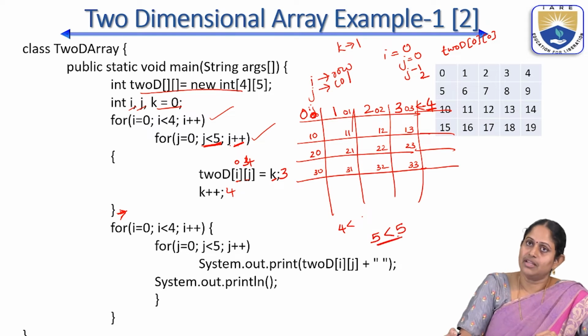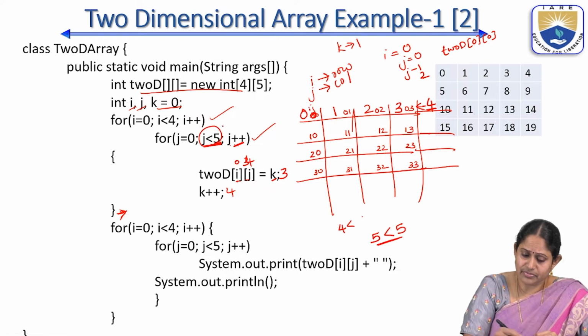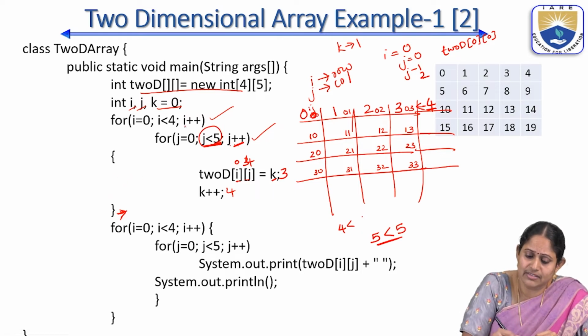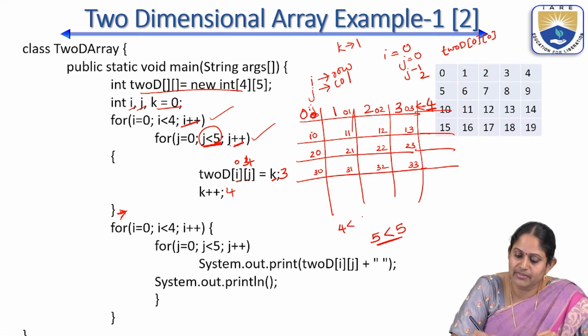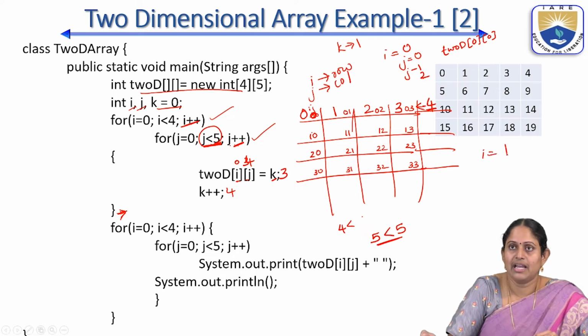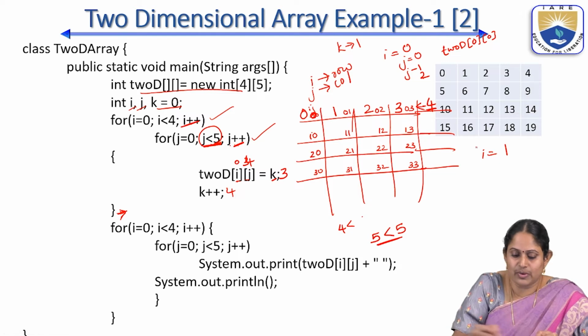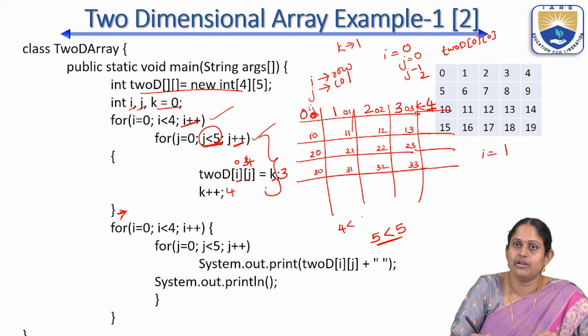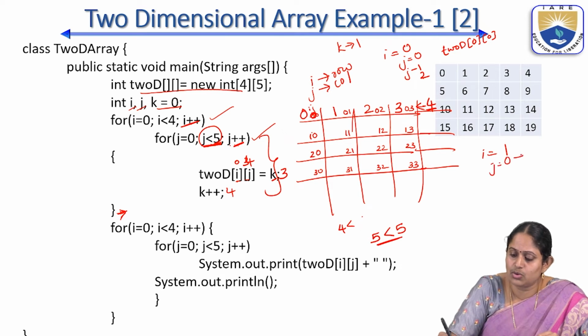It is a failure, so this condition becomes false. It stops the j loop and goes to the i loop. i will be incremented, so i will now be 1. Once i is made 1, the whole j loop will be executed again. So j will start from 0 to 4.